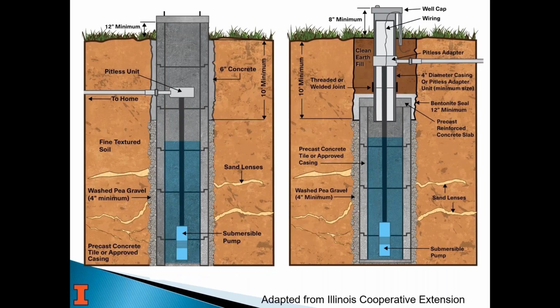And so here's what those look like. The one on the left is the concrete pad on top, and you can see those seams every 4 feet. In this case, they put concrete around the well for the first 10 feet, and then below that, there's rocks around the well that the driller put in.